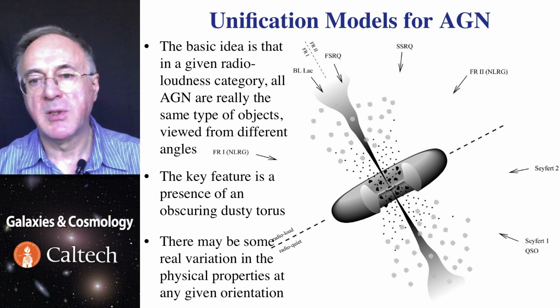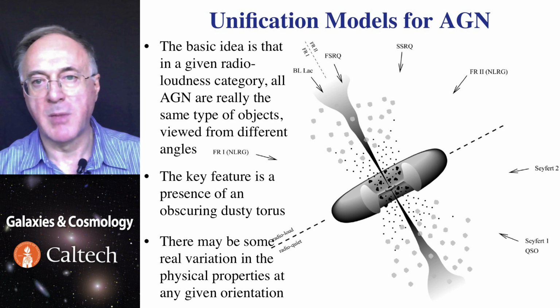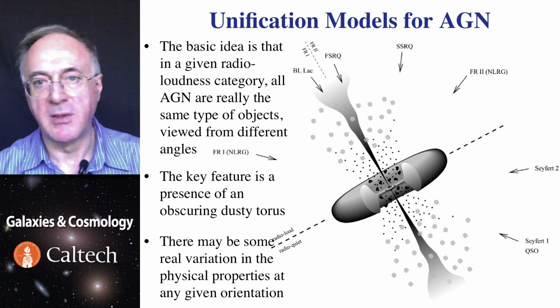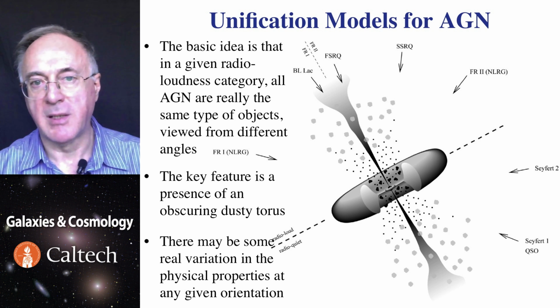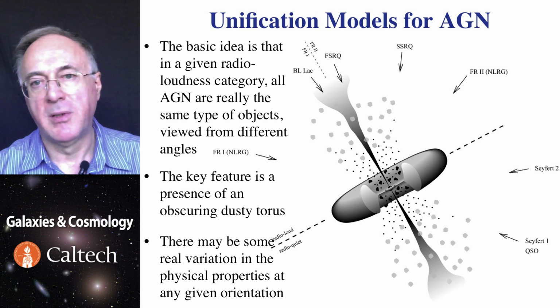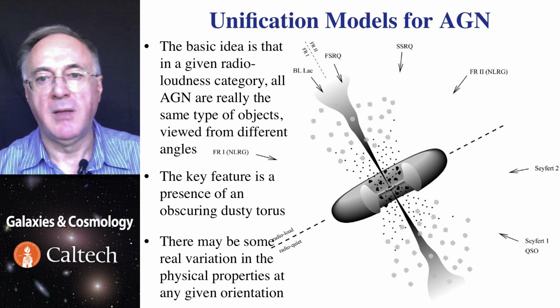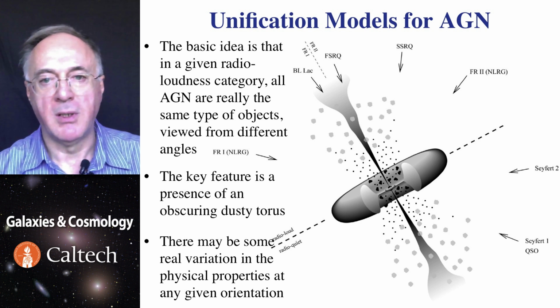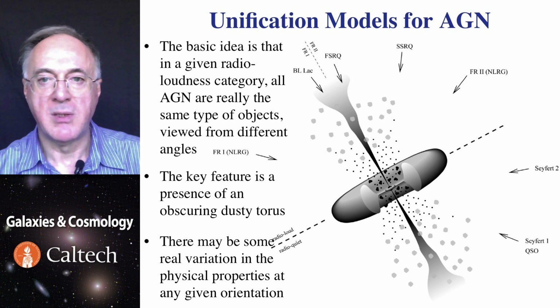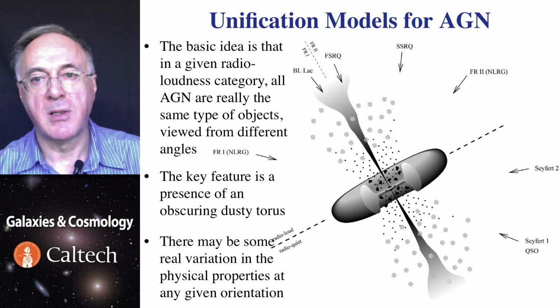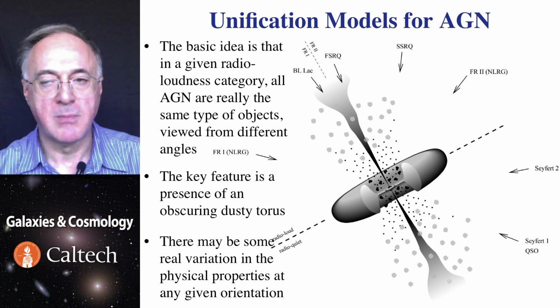But if you look from the side, you may only see the narrow emission line region, because it's much bigger physically than the other two, and it's only partly hidden by the dust. This picture explains a remarkable number of observations. If you look closer to the axis of the system, you'll see broad lines and continuum. So those would be Seyfert type 1s, or traditional quasars, or broad emission line galaxies.